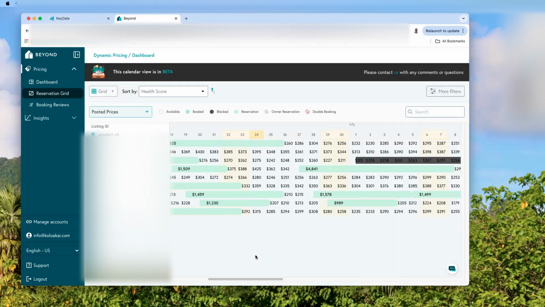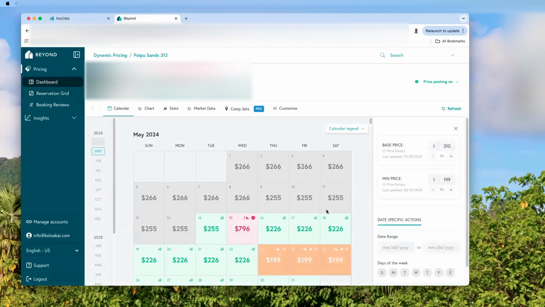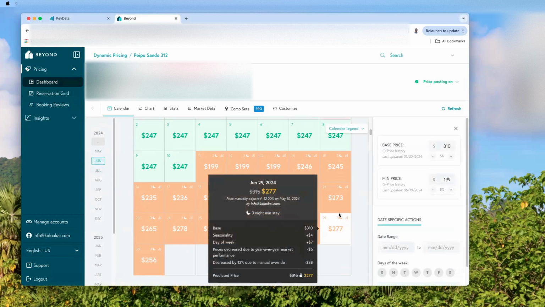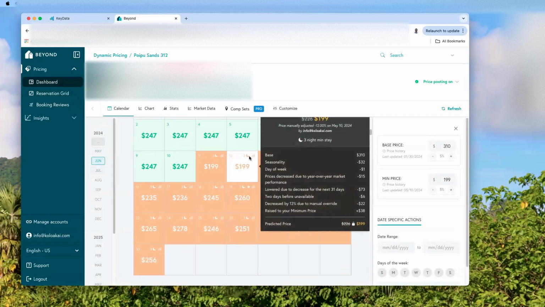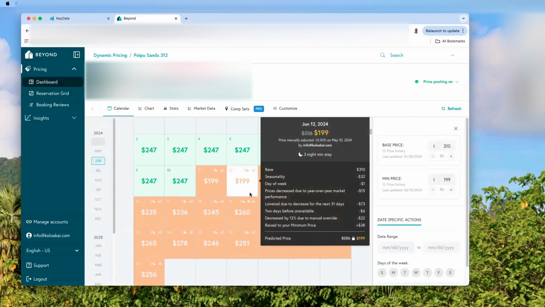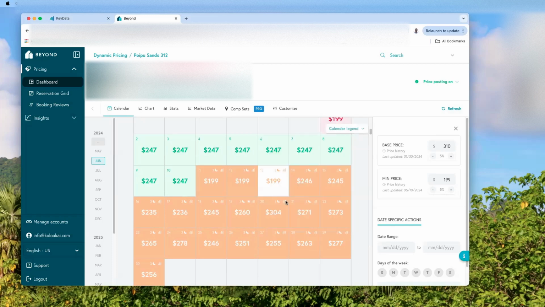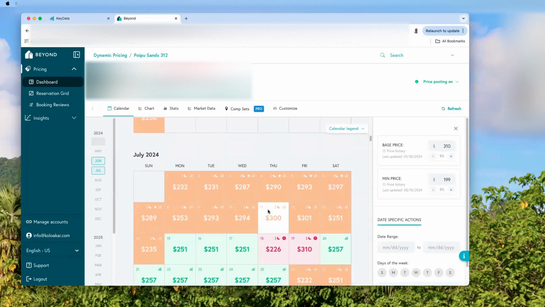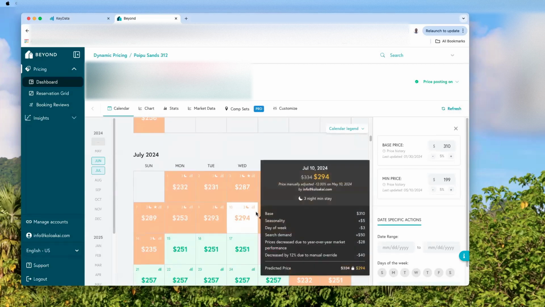And so I'm not going to make this change because we're just talking about it for instance, but what I can do is I can go in and we can check out a specific property, and we can see here that we have already actually done that price change. So we had a price change that we did last month or last week, where we took the price down 12% on a newer property that we've got in our set that shows that we're encouraging bookings in that area.